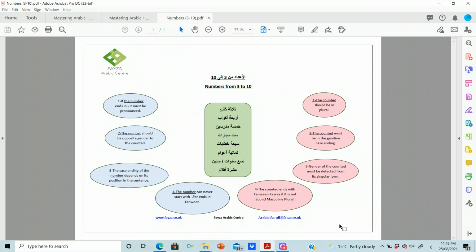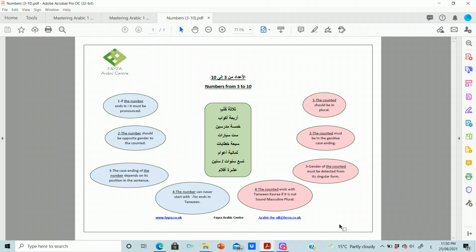This session now is about numbers from 3 to 10, الأعداد من 3 إلى 10. We're talking here about الأعداد, or numbers, when we use them from 3 to 10 to count objects. It's not these numbers in general, but specifically when they come in the structure to count objects.